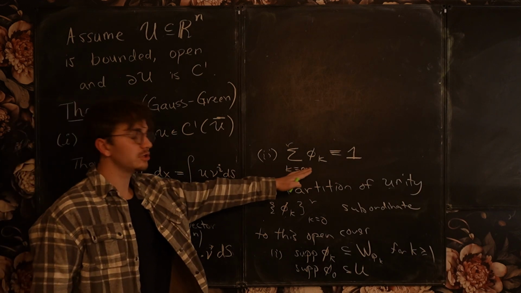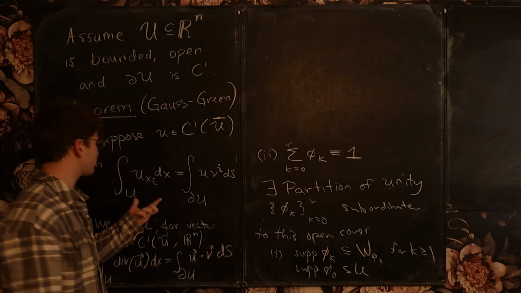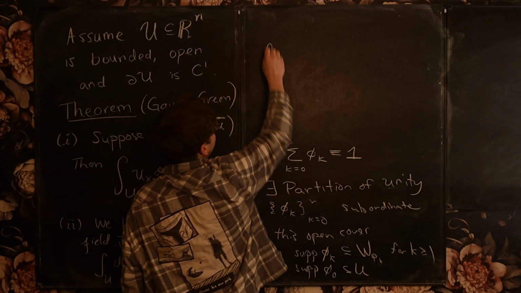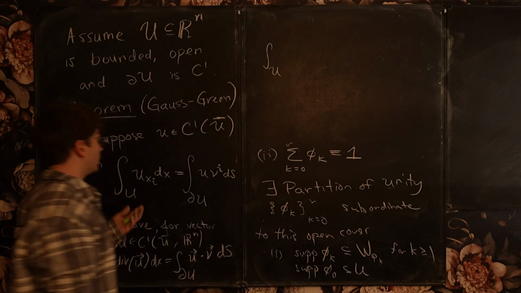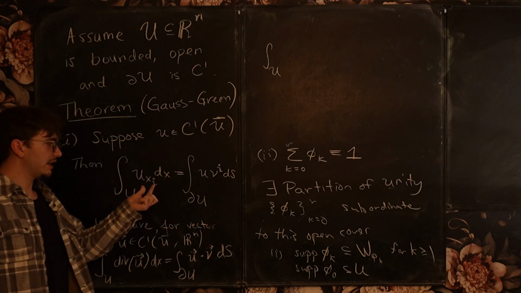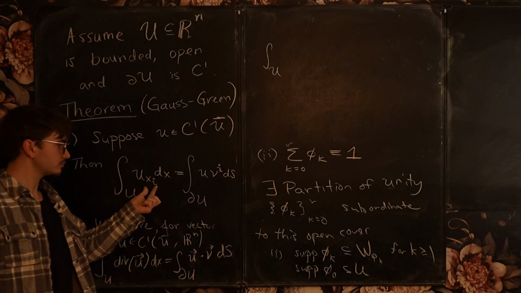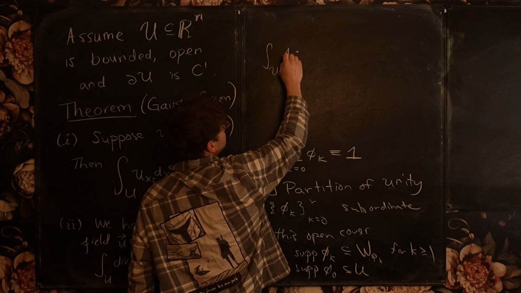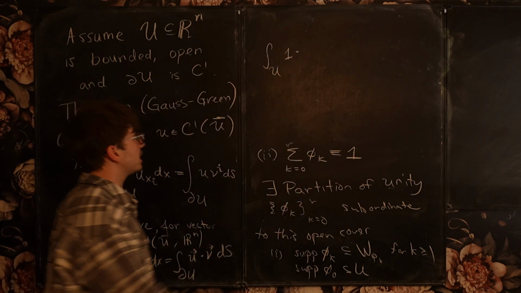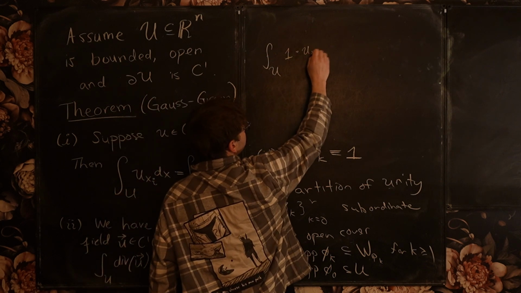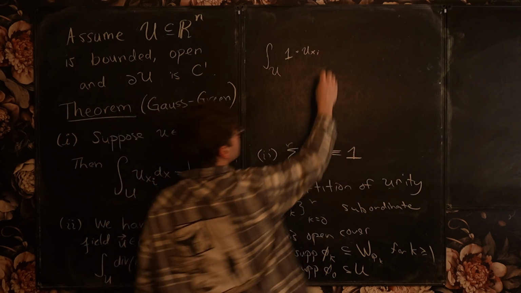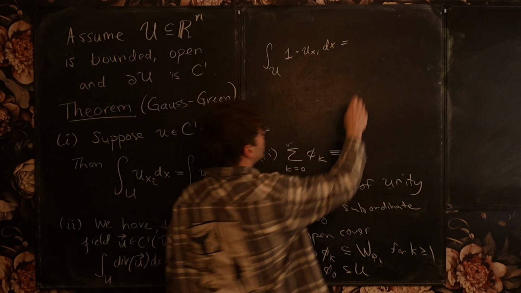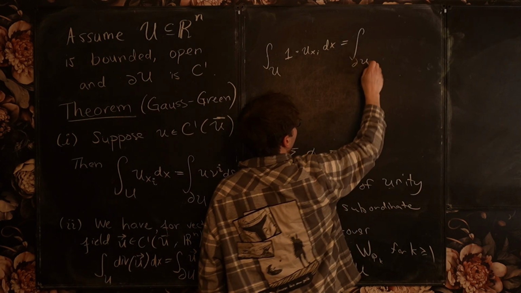Because this partition of unity sums to 1 everywhere, I can write this integral of the x_i derivative of u as 1 times u_xi dx. I can insert a 1 as well on the boundary of u.